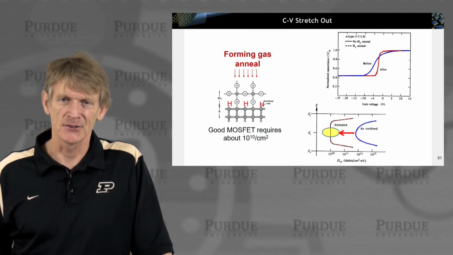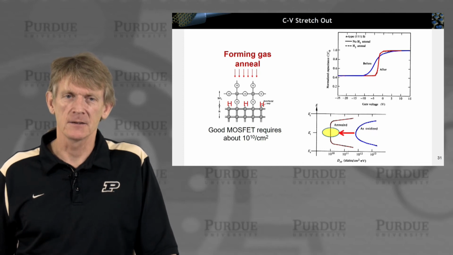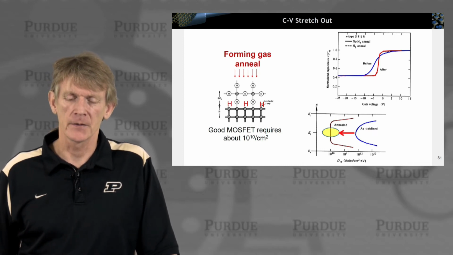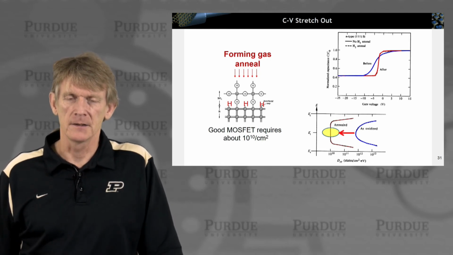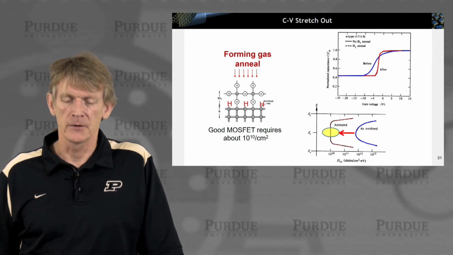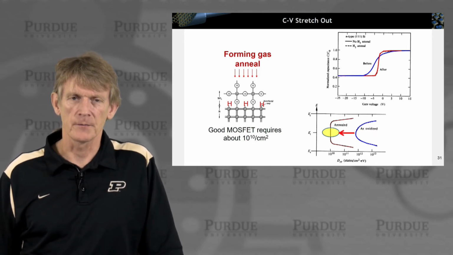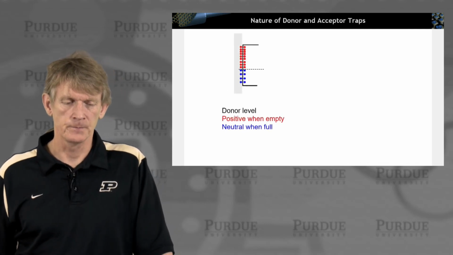That's what the label says, and we'll go into more detail about where that sharpening of the curve comes from. It's hard to tell on this scale, but the CV curve, relatively speaking, is pretty sharp. If it's stretched out, there's something really wrong, and we'll explain what that means.